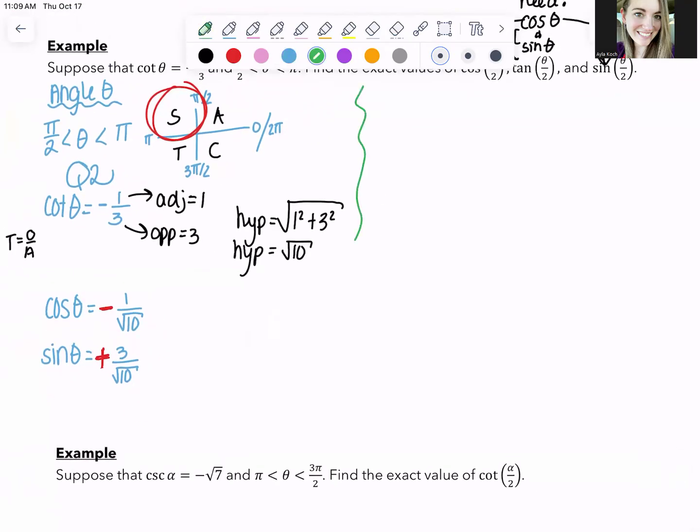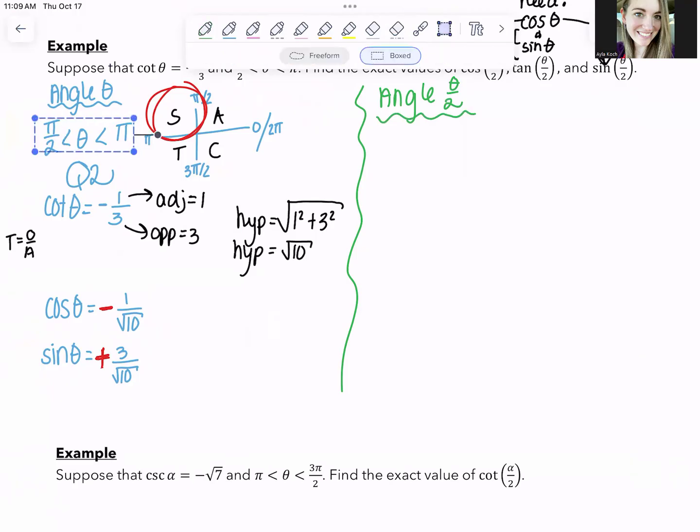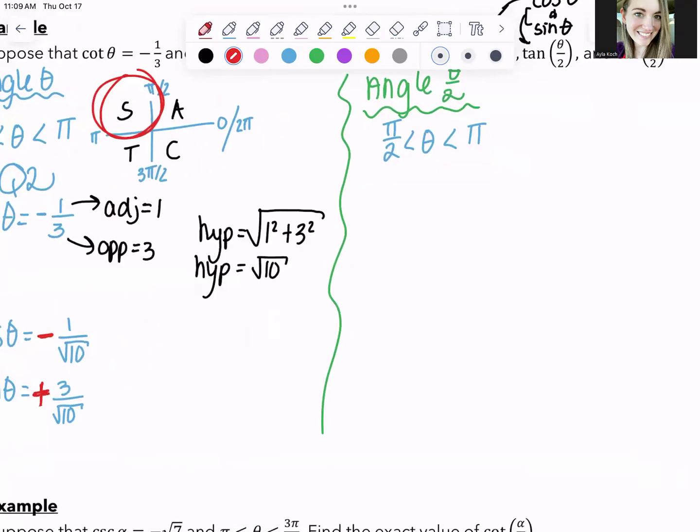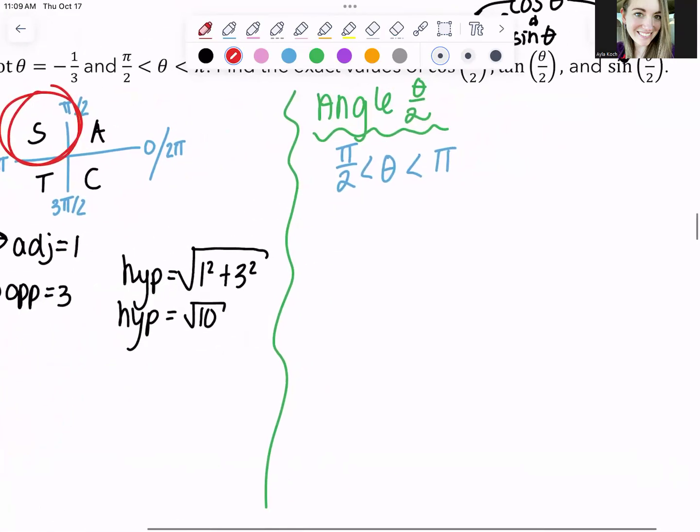And then we come over here, and we'll talk about angle theta over 2. We're going to start with this same inequality that we used over here. And it's always going to be the same. You're given an inequality or you're told which quadrant something's in, and then you have to make an inequality. You just need to divide everything by 2 to get theta over 2 in here.